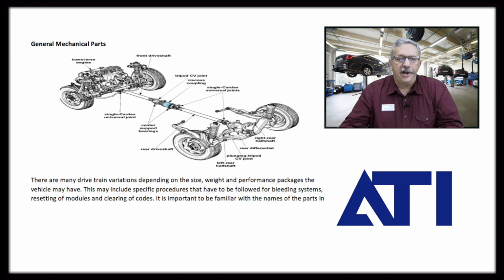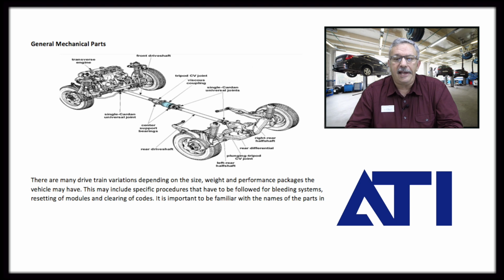Let's go through some general mechanical parts. And again, we're not going to spend a lot of time on this today, but we will in the future. But the drivetrain that you're seeing here is a typical four-wheel drive drivetrain. What that means is I've got a transverse mounted engine in this particular illustration that shows that it is a front-wheel drive car.